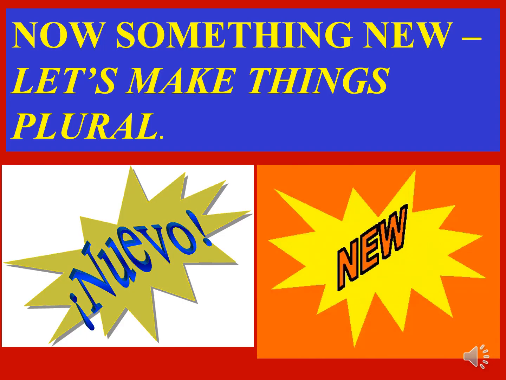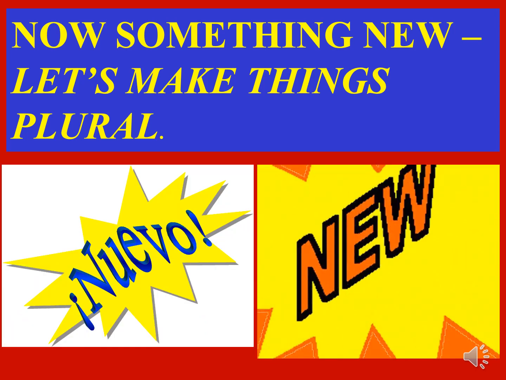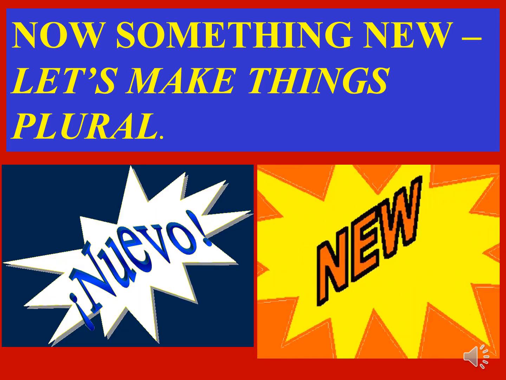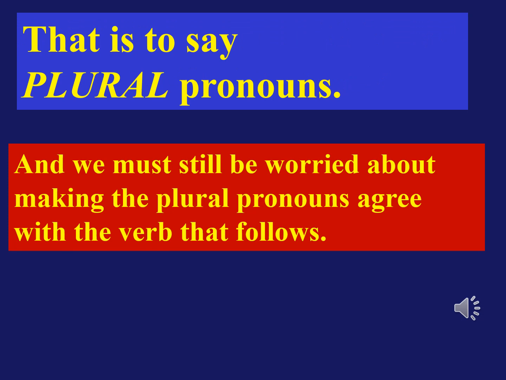Now we'll go from the land of the singular to the land of the plural and see what we do here. The same as when we were dealing with the singular pronouns and making the endings of the verbs agree with those pronouns, we have to do the same here. The plural pronouns require proper endings for the verbs, and we will learn what they are in this lesson.